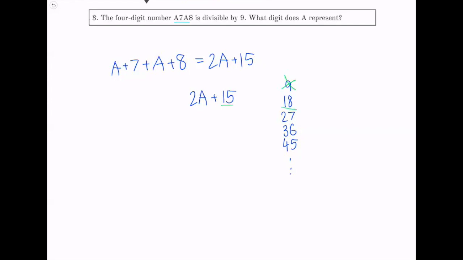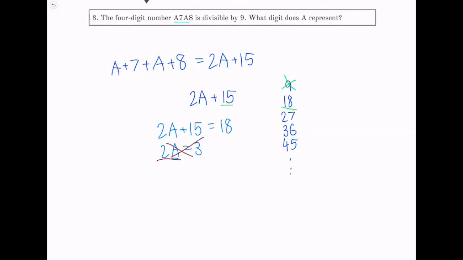Is 18 possible? Can 2A plus 15 be equal to 18? If this was true, we can subtract 15 from both sides. This would mean that 2A has to be equal to 3. But A is a whole number, and that means that 2A is even, right? It has to be, since A is an integer. But can an even number be equal to 3, which is an odd number? No, so this doesn't work.